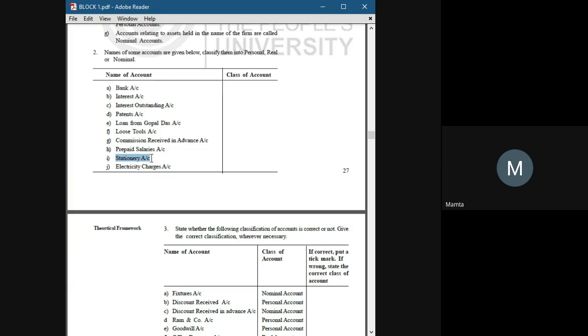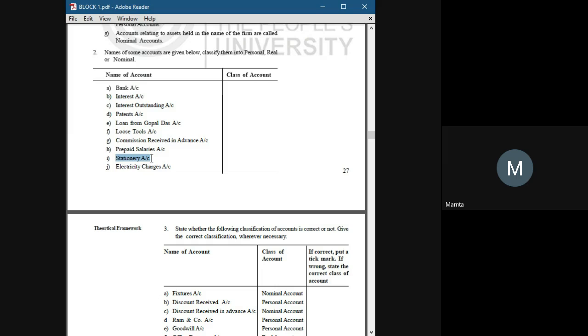It's not an asset. It won't last a long time. If you are using a pen too much, it will end in 5 or 7 days. Paper sheets, A4 size sheets for printouts, this is all what stationery is. That is why we take it as a nominal account, because it is an expense.